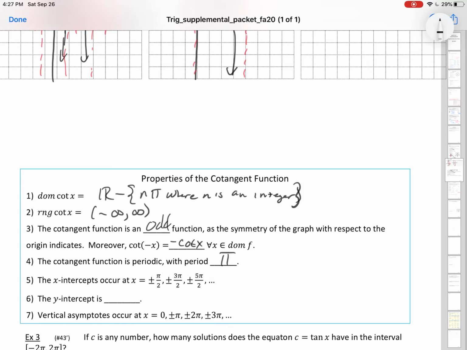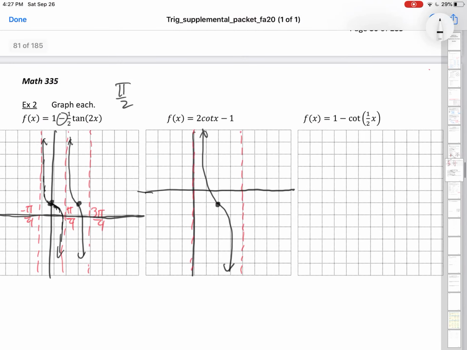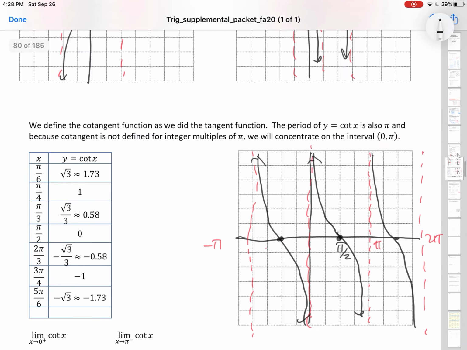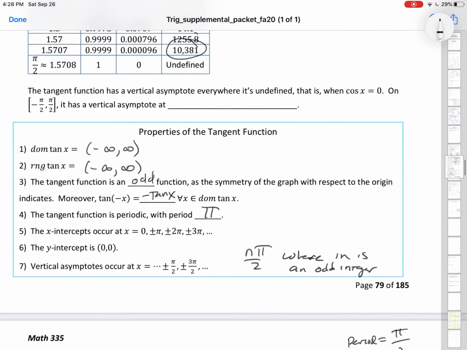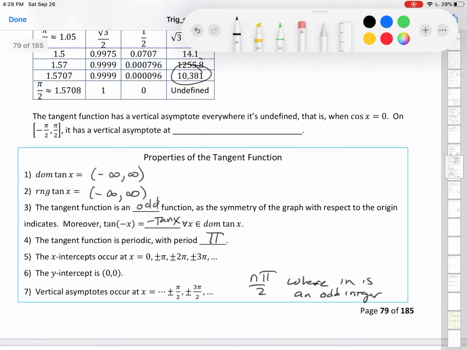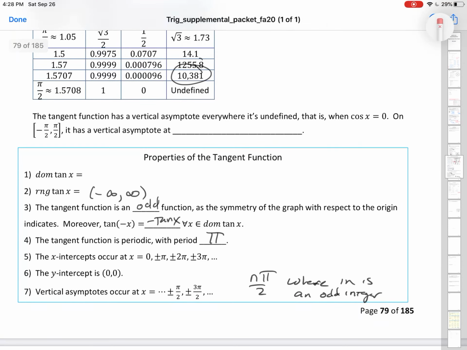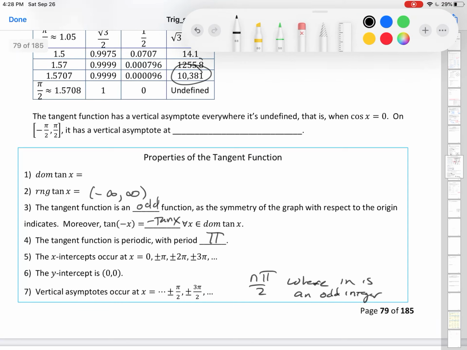Its period is pi. It's got x-intercepts at the odd multiples of pi over 2. The y-intercept is none. It can't cross the y-axis because it has a vertical asymptote there. So we do need to come back up, and I'm really happy that that drove in my memory, and I'm sorry for those that were upset when I said, hey Jensen, you're wrong about that.